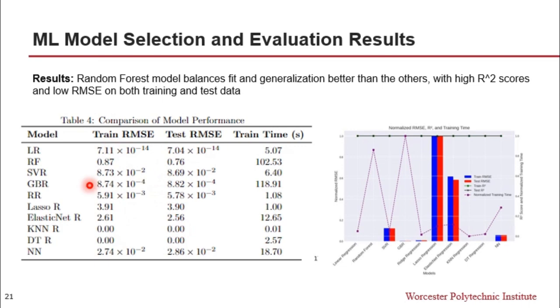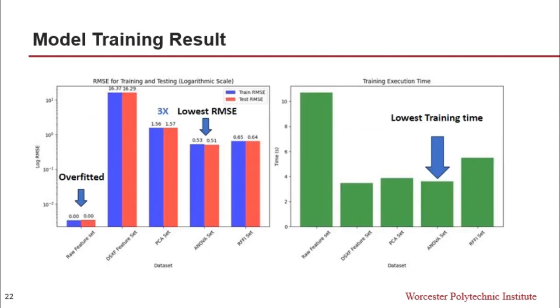Among these methods, as you can see, random forest has the lowest RMSE. It doesn't show overfitting, but at the same time, it also has a high training time. Therefore, our proposed model to reduce the dimensionality of the data will work here and can help us to reduce this training time and improve the root mean square error as well.